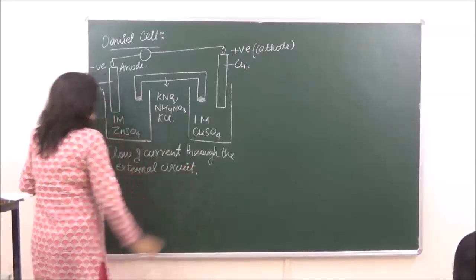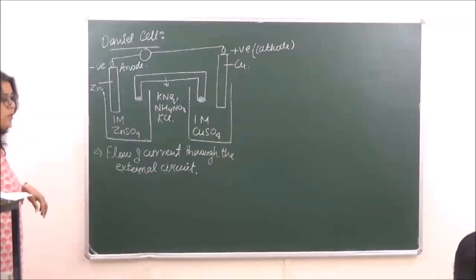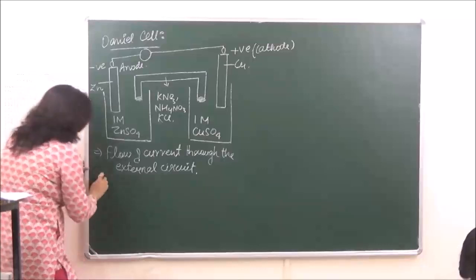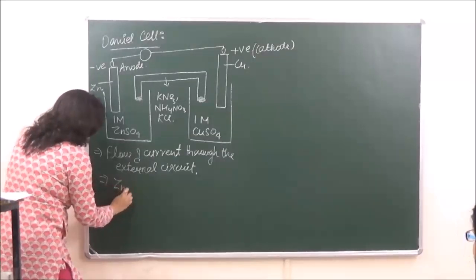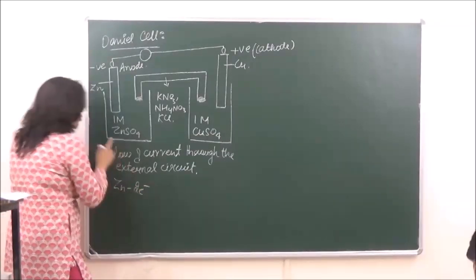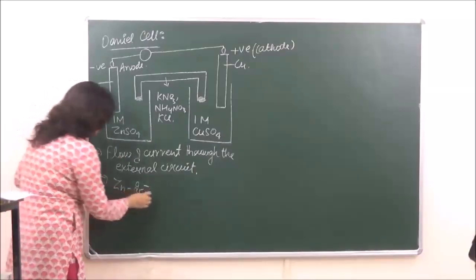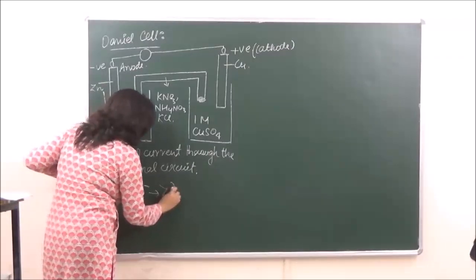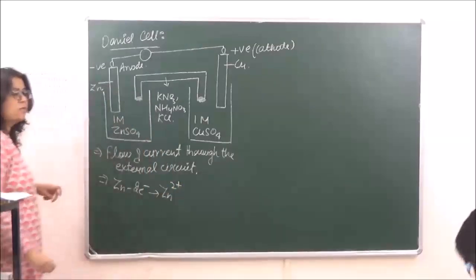As we have said that in this case the reactions are going to be spontaneous, we observe that zinc loses 2 electrons in the left cell to give Zn2+ ions.